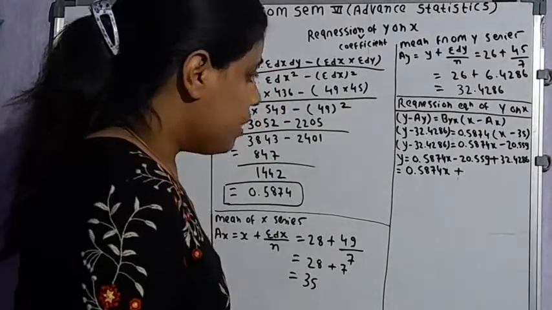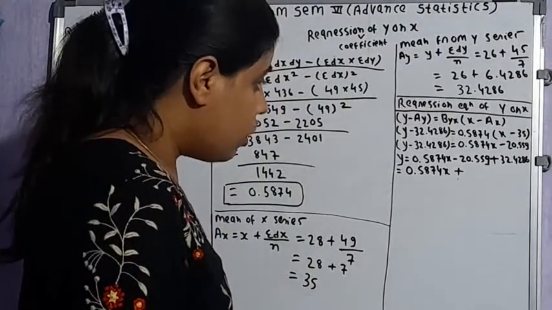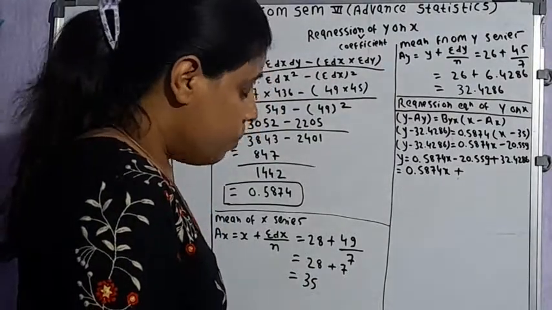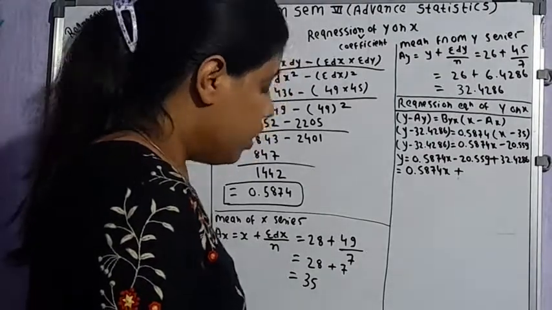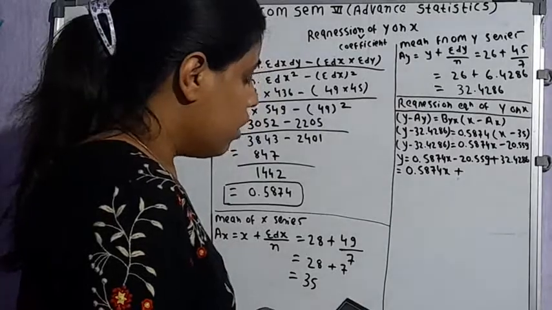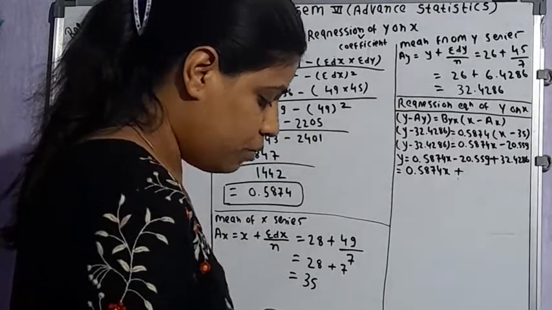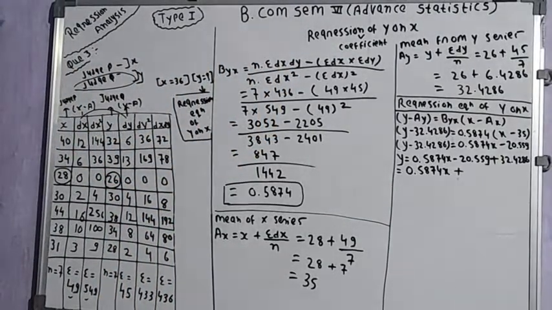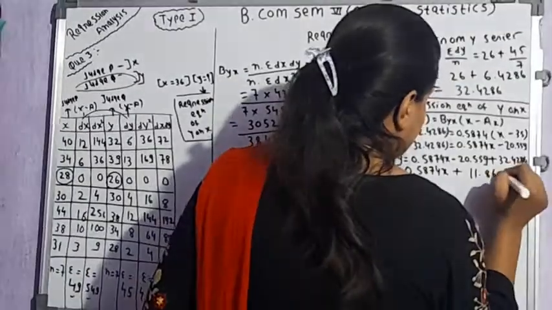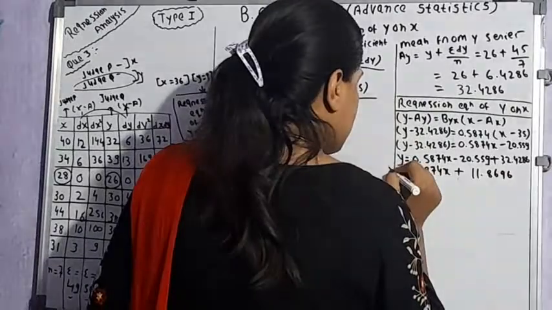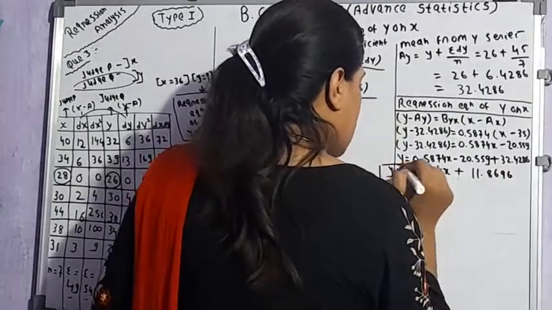Then minus 20.559 plus 32.4286 comes to 11.8696.